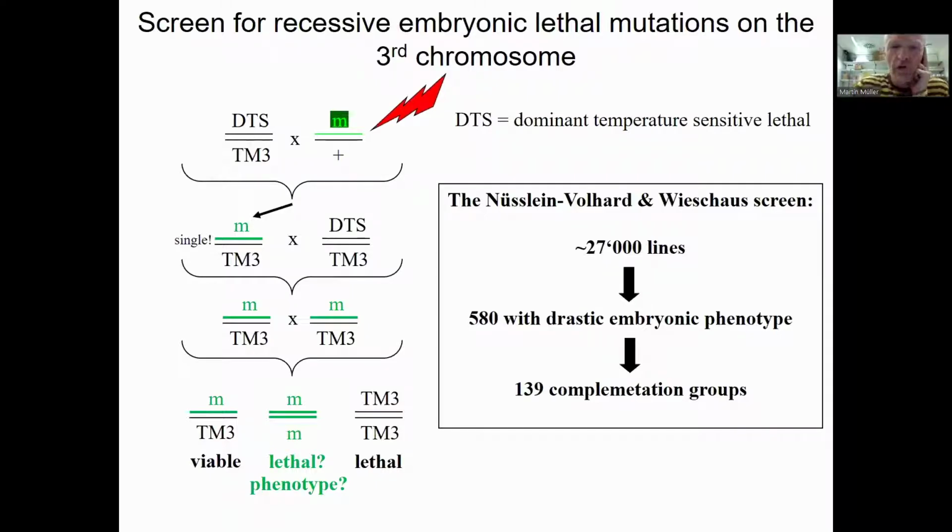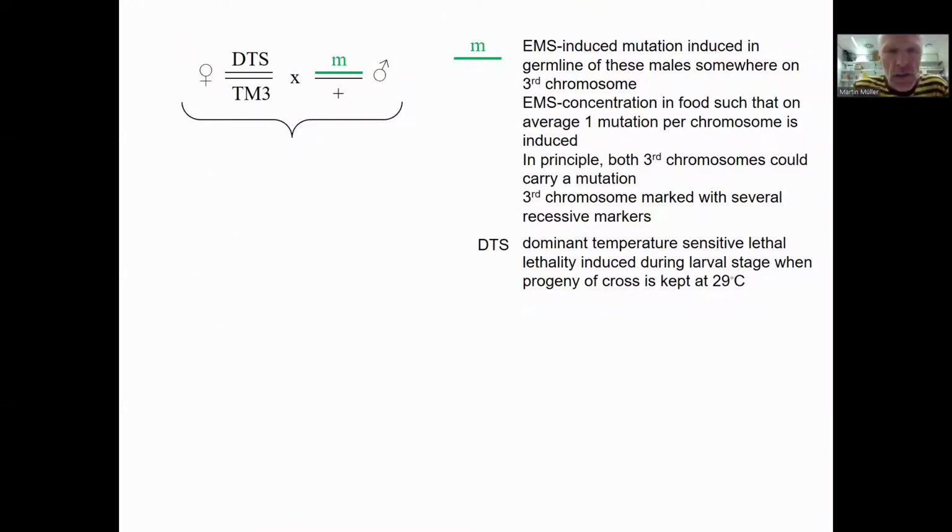We look here at only one of the three, a screen for third chromosome mutations. And so this is the first cross. So they were feeding EMS here. This is a chemical mutagen. They were feeding these males here with EMS at the concentration where, on average, 1 mutation is induced per chromosome.